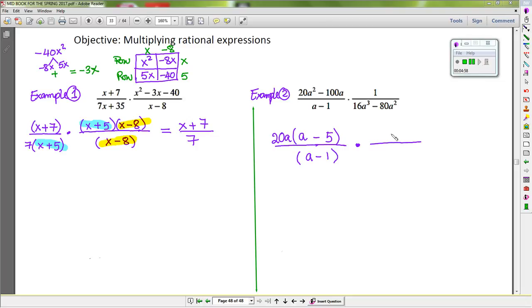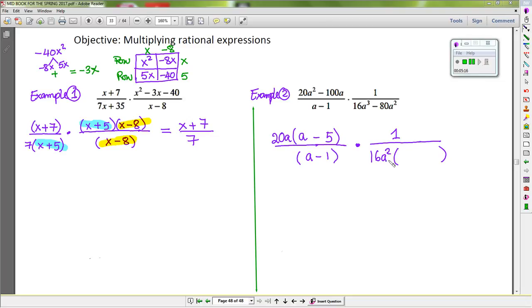Let's go to the second fraction. The 1 is prime, so we stay. Now 16a to the power 3 and negative 16a squared, they both have 16a squared as the greatest common factor.